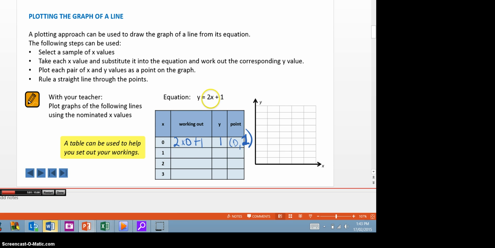This time I'm going to substitute number 1. 2 times 1 plus 1 is equal to 3. Then I'm substituting number 2 in. 2 times 2 plus 1 makes 5. And then I'm going to substitute in number 3, makes 7.